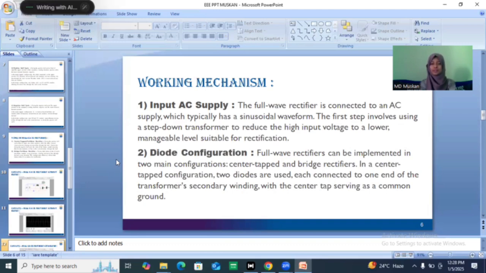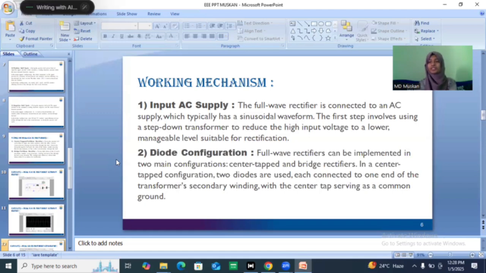The first step involves using a step-down transformer to reduce the high input voltage to a lower, manageable level suitable for rectification.